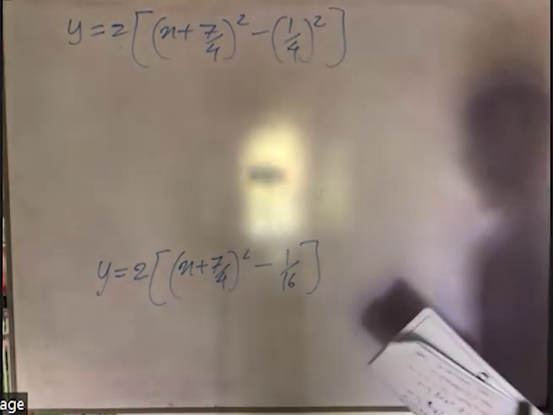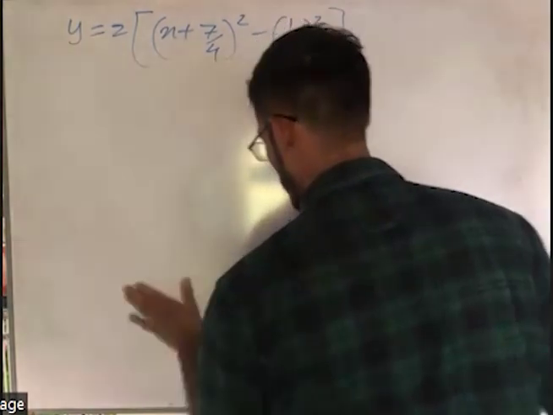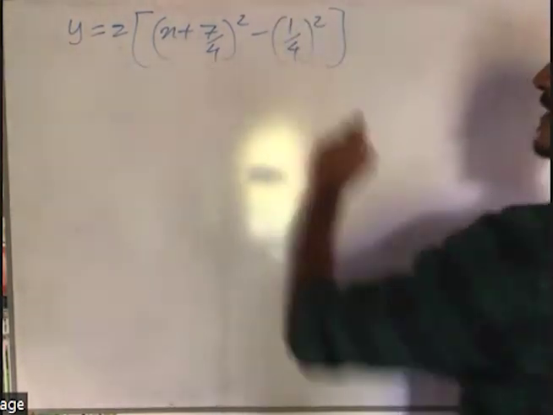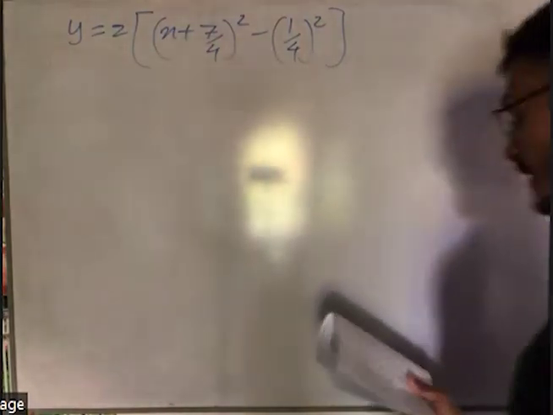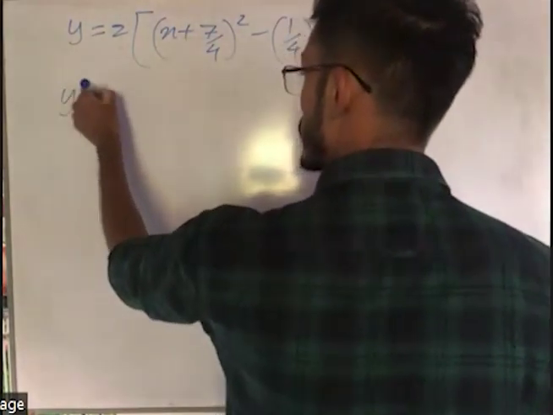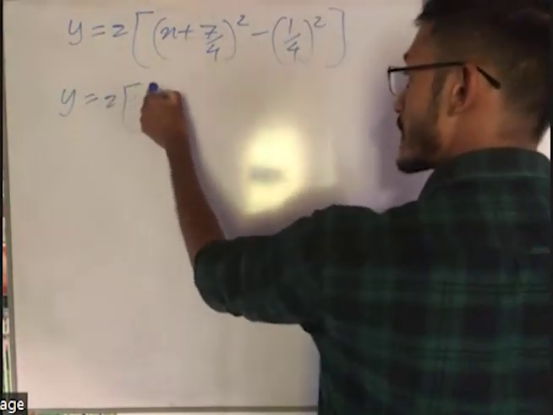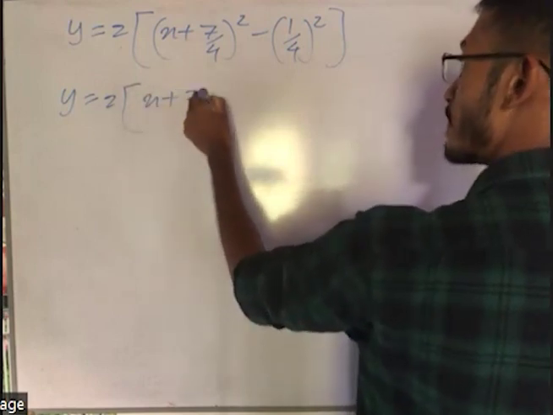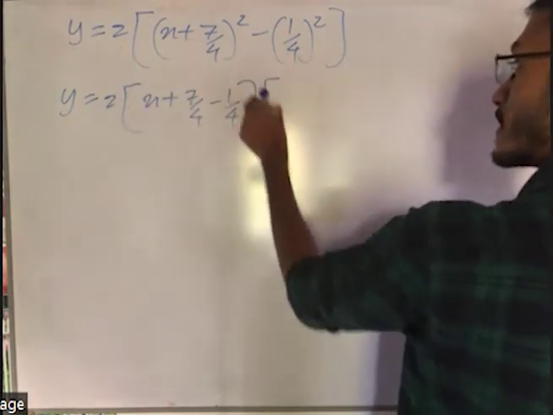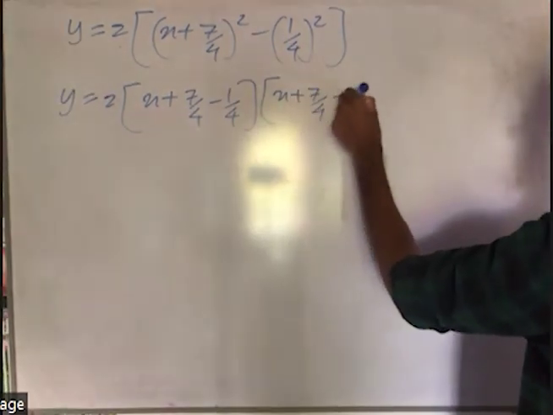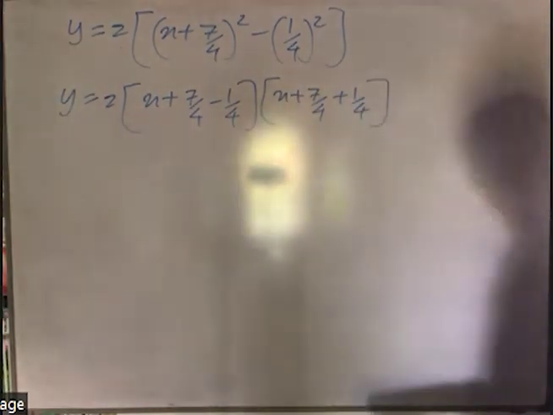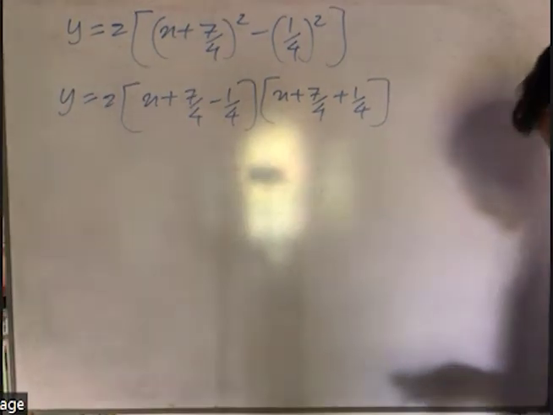Now we have a difference of two squares, a square minus b square, so we can write it as a minus b into a plus b. Y equal to 2 times first factor (x plus 7 over 4 minus 1 over 4), second factor (x plus 7 over 4 plus 1 over 4).